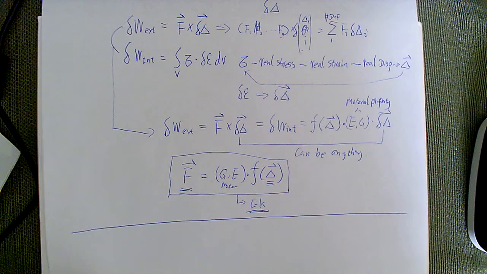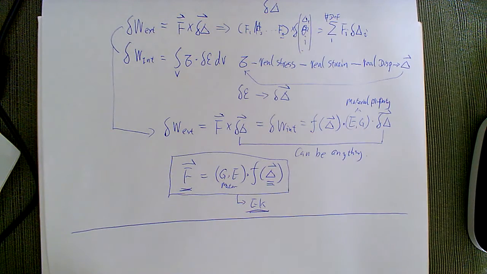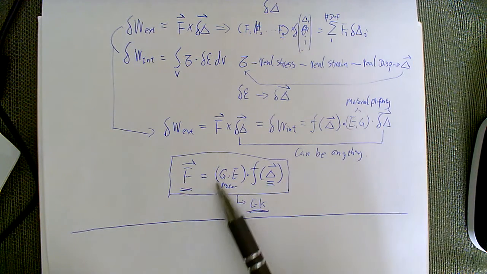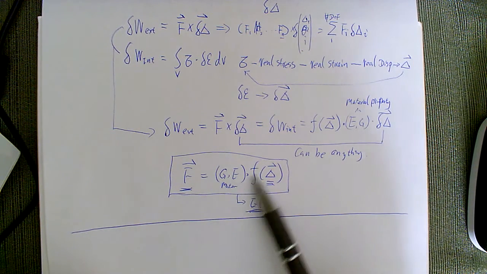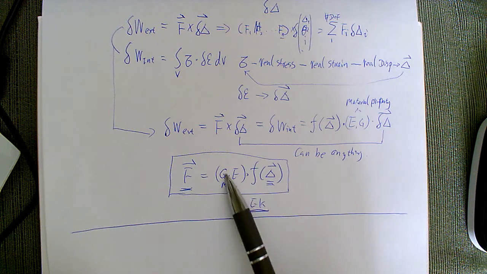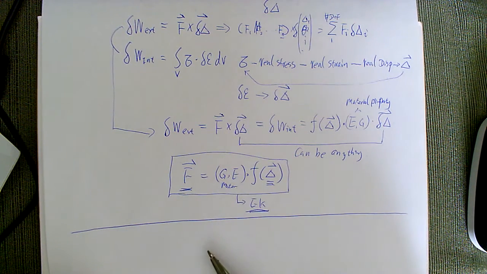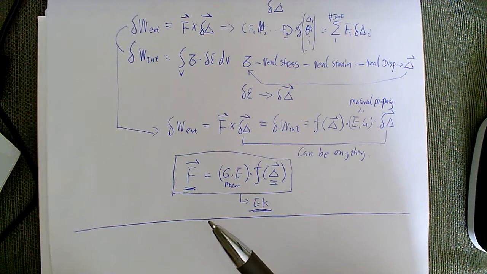So one thing that's not so clear at this point is, how do you do this blob? How do you write this as a function of this, and how do you incorporate those material properties in there? That's what we're going to talk about step by step.